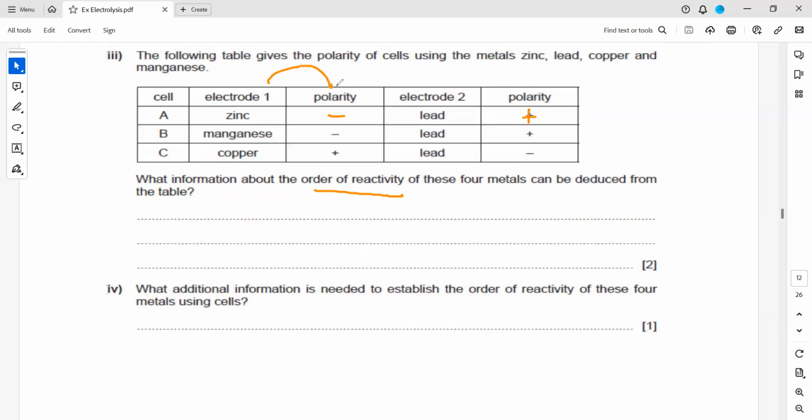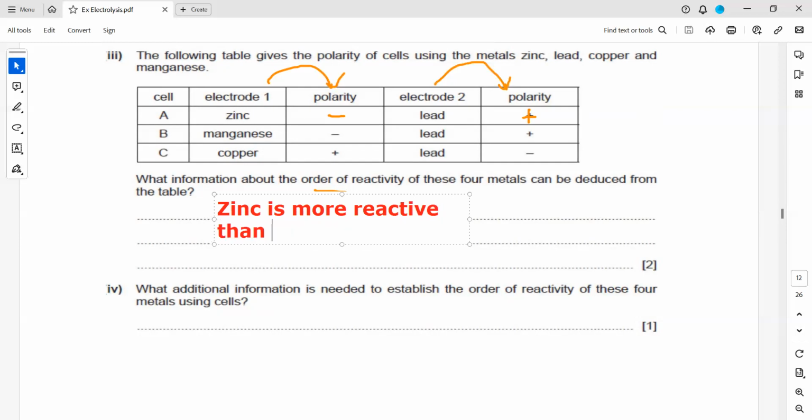Zinc is negative, lead is positive. So we can say zinc is more reactive than lead.